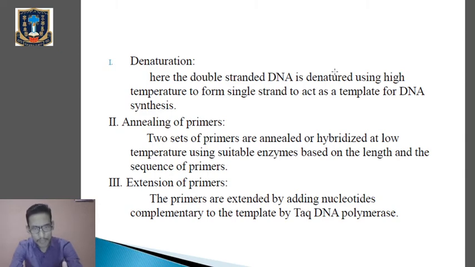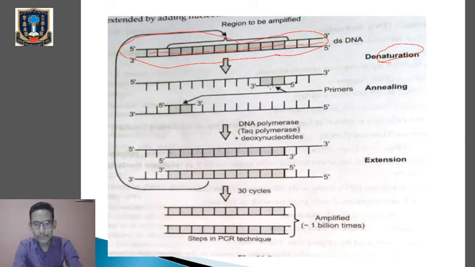Okay. The second one is called annealing of primer. Two sets of primers are annealed or hybridized at low temperature using suitable enzymes based on the length and the sequence of the primer. You can see over here that two sets of primers are being hybridized or annealed with the template DNA. Remember that a single strand of DNA will act as the template for the synthesis of a new strand of DNA.